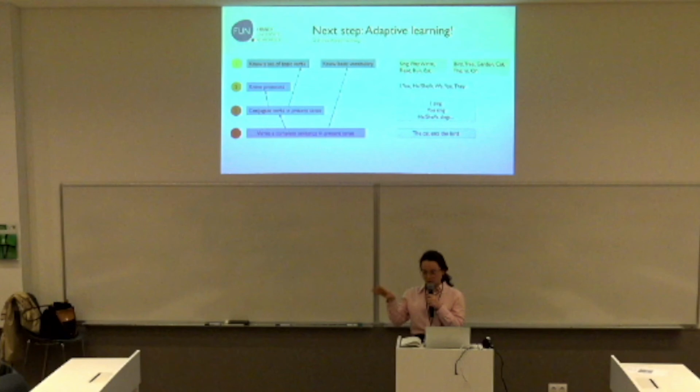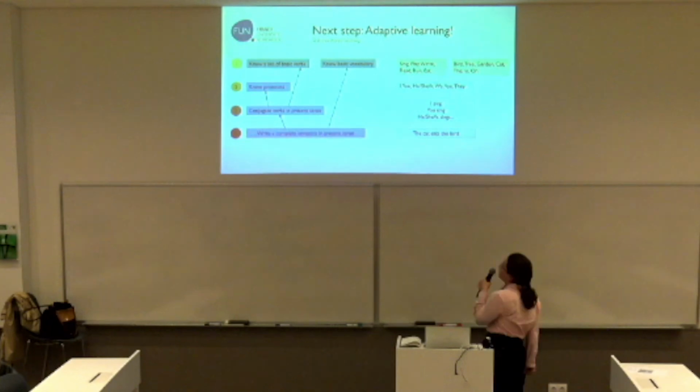We have to be able to know which person to use if you want to make a phrase for you, or maybe for a group of people. And also conjugating verbs is about knowing a set of basic verbs, knowing some verb vocabulary.